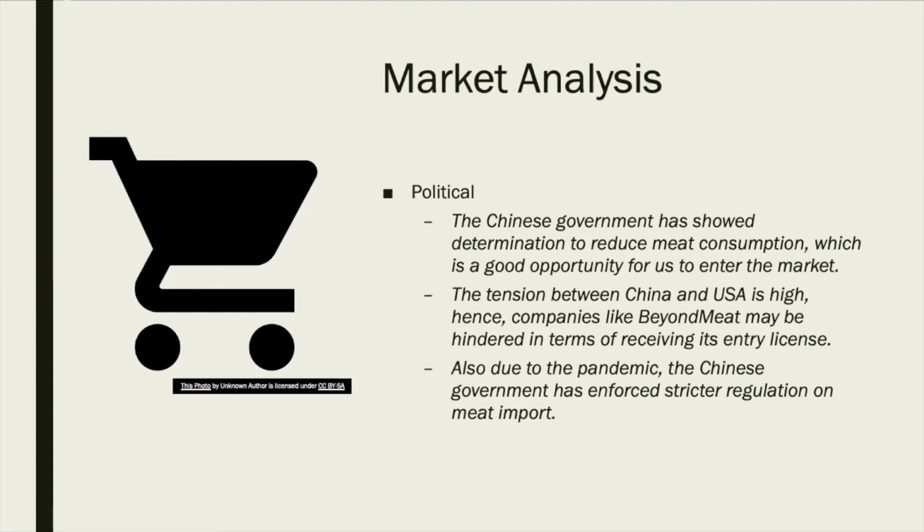The Beijing government and Washington, because of the trade war that's been going on in the past 2 years, and we believe as a Chinese company targeting a Chinese audience, we have this advantage over American companies such as Beyond Meat. And also due to the pandemic, the Chinese government has enforced stricter regulation on meat import.